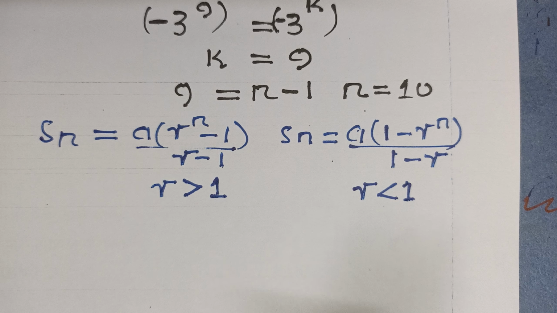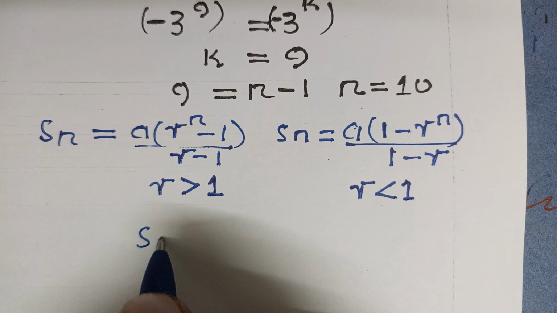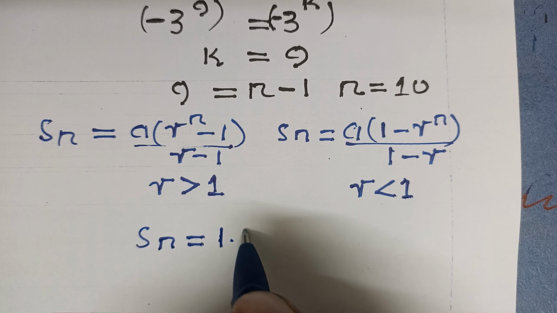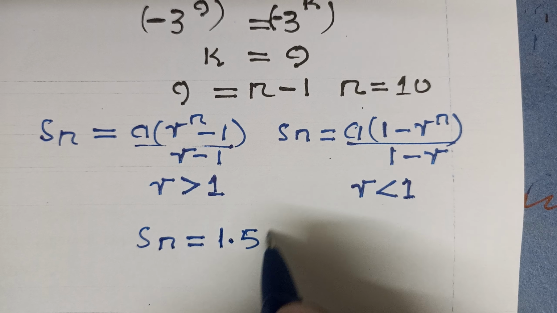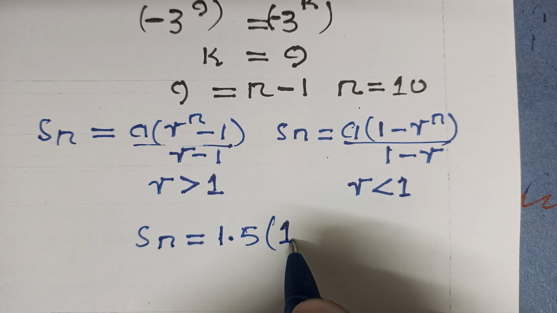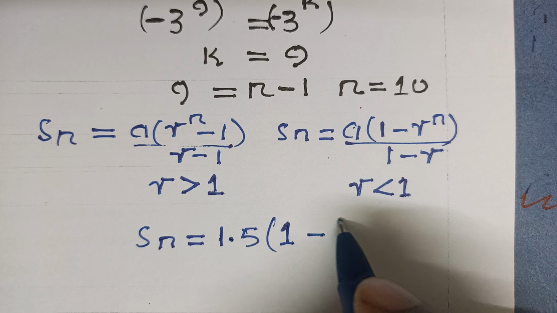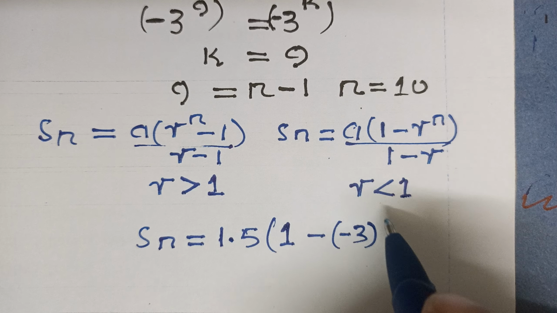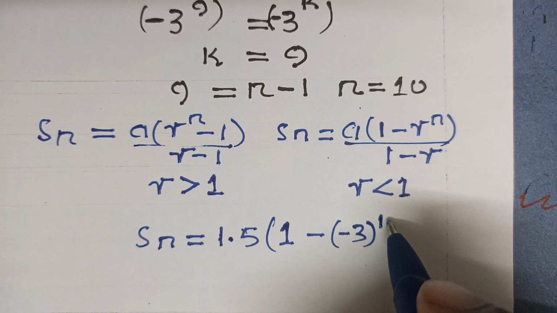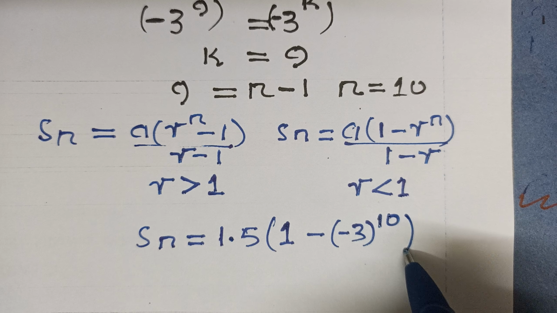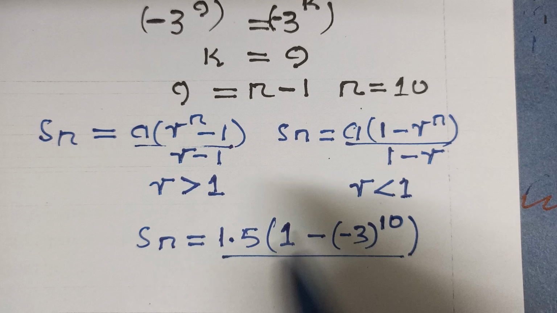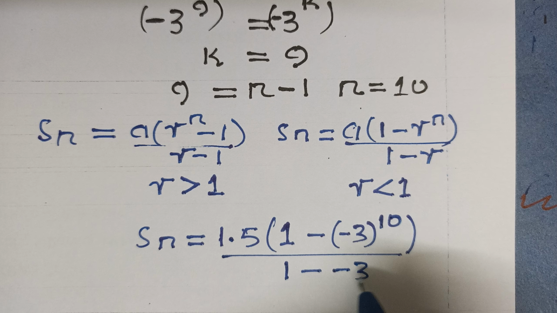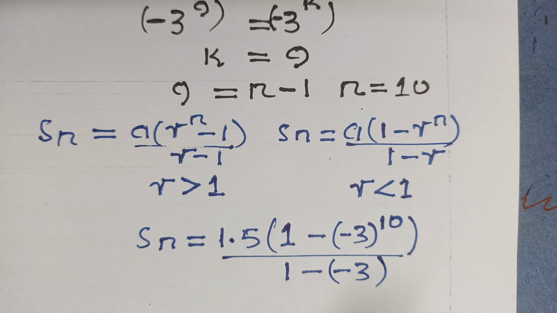We shall have Sn, the sum, equal to the first term, which is 1.5, multiplied by 1 minus, this is going to be minus again, negative 3 raised to 10, and we can put a bracket there, all over 1 minus R, which is negative 3. So we put it like that.